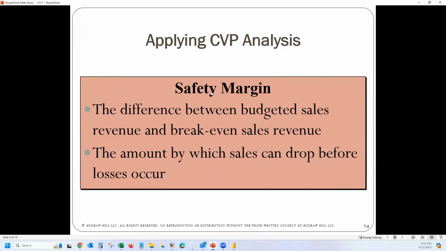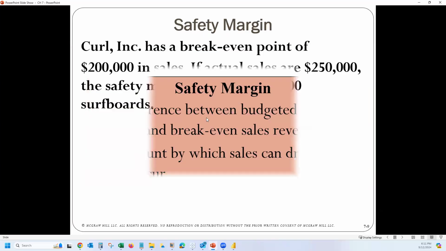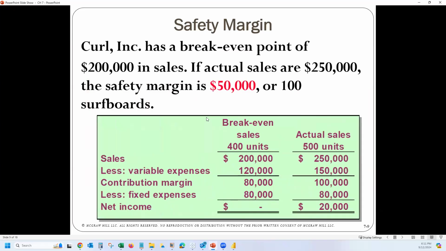The essence of calculating the margin of safety is to determine how much the company revenue would need to decline before they start making losses, or how many fewer units the company must sell for them to start making losses. To calculate the margin of safety is relatively an easy process.